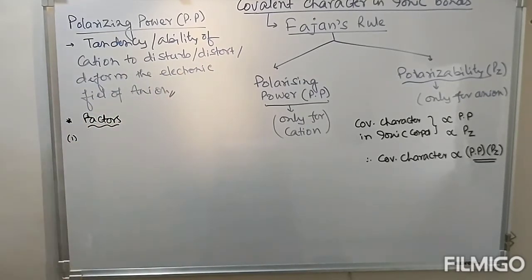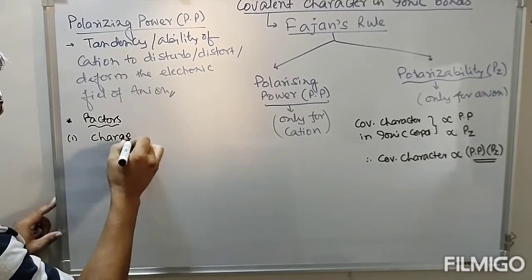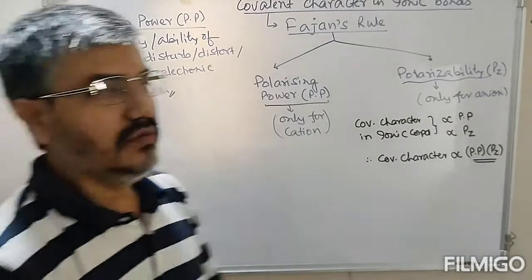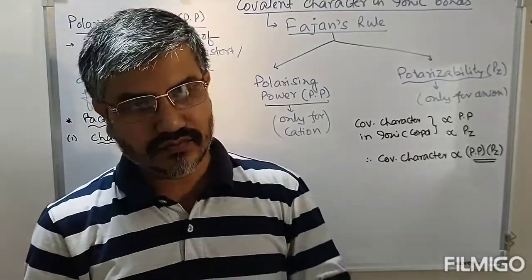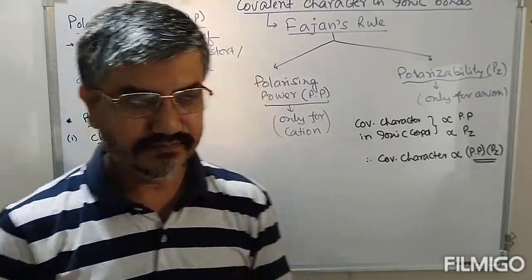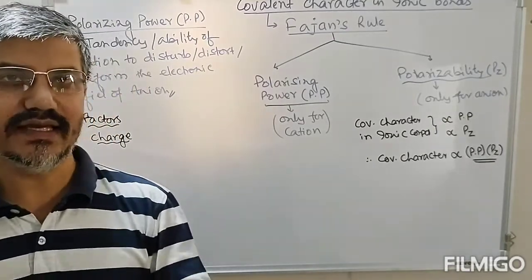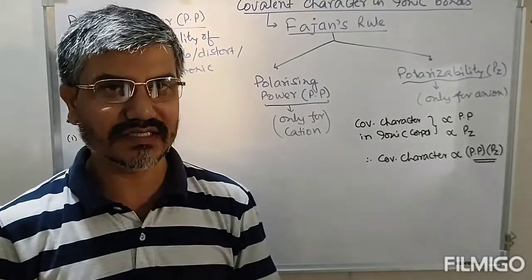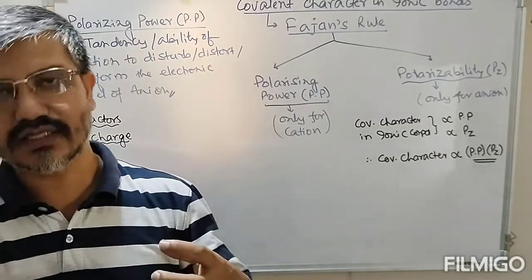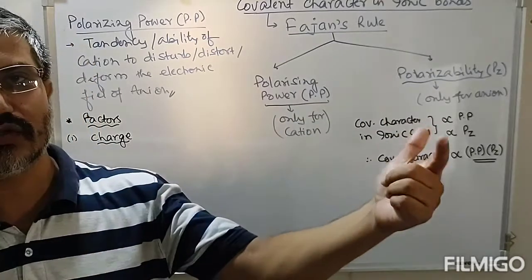So the first factor is the charge on the cation. Now, as the charge on the cation increases, the effective nuclear charge increases. As the effective nuclear charge increases, this cation will have a stronger effect on the anionic electron field.